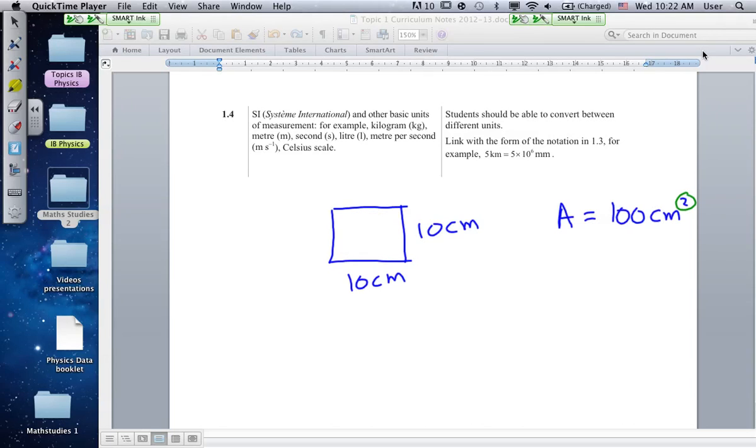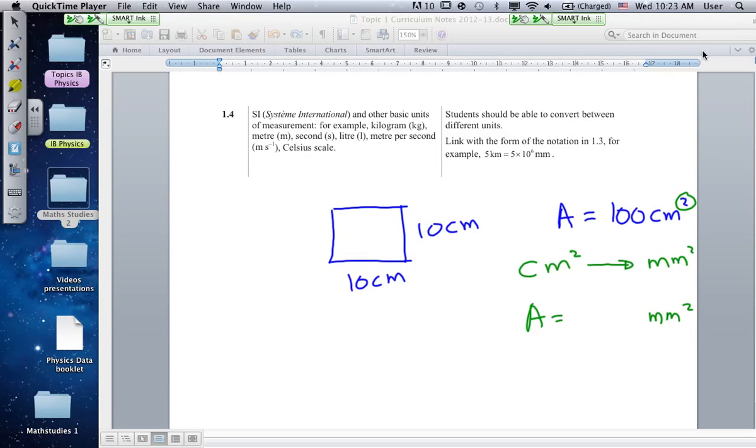So, if I wanted to convert centimeters squared into millimeters squared, what would be the area here in millimeters squared? 10,000. All right. Now, you're saying 10,000.